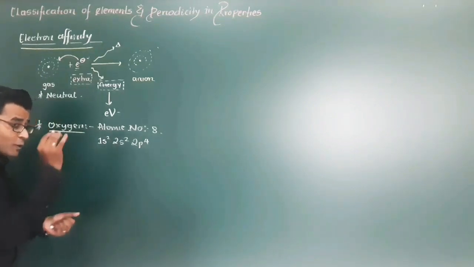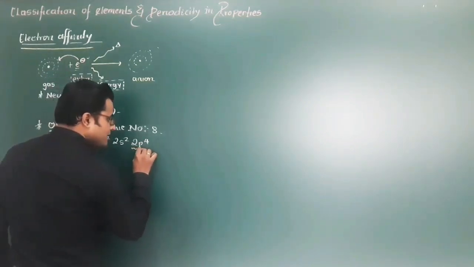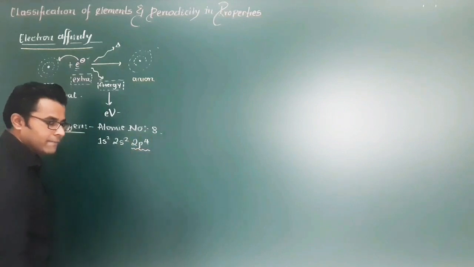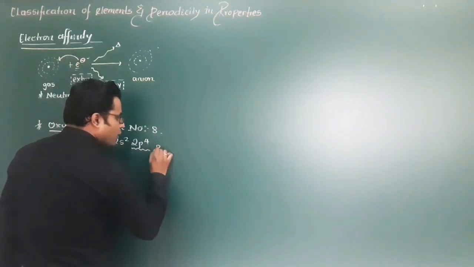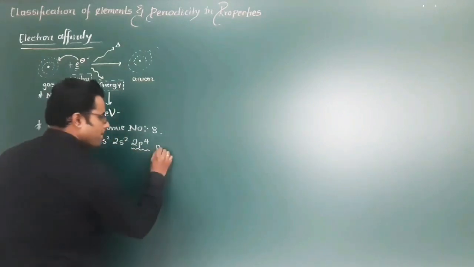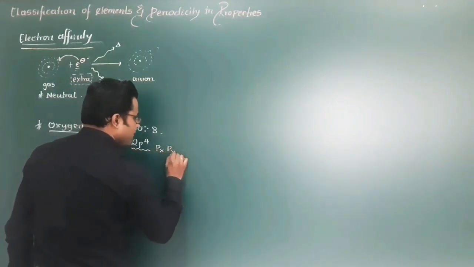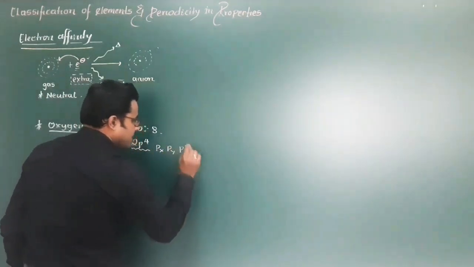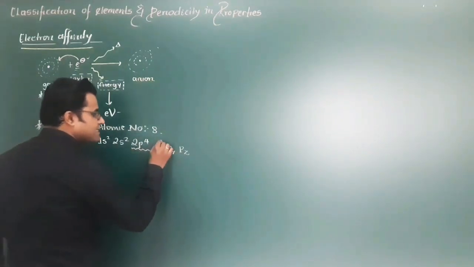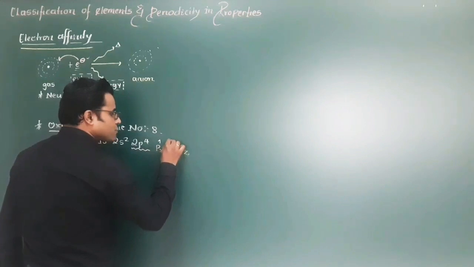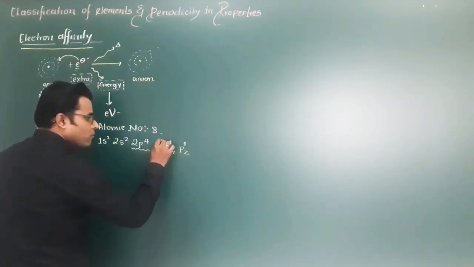Now, let us observe this condition in detail. In 2p4, the p orbitals are of 3 types: px, py, pz. You are going to insert 4 electrons in this case: 1, 2, 3, 4.